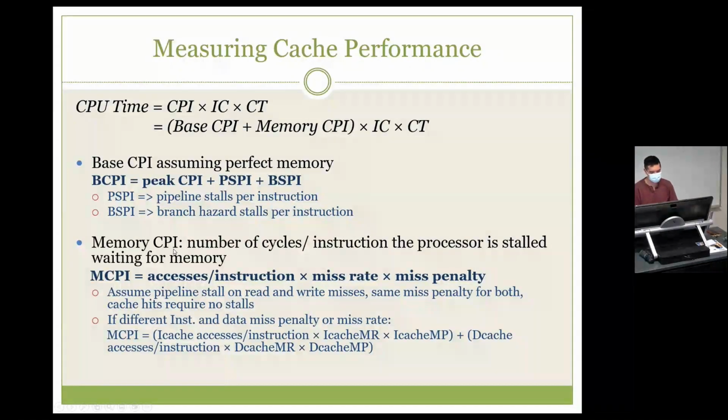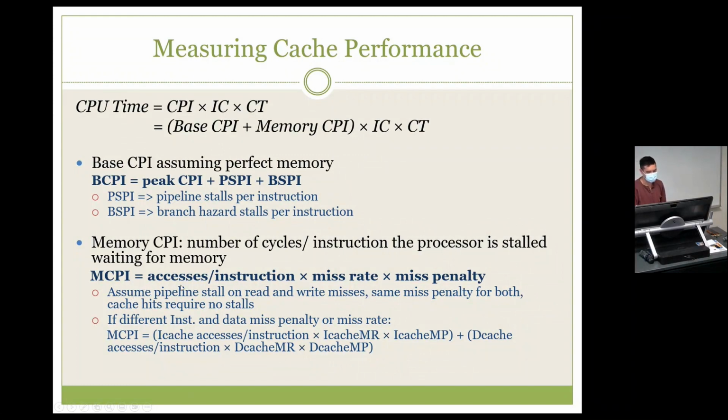So here's how we're going to calculate our MCPI, or our memory impact on CPI. Basically, our memory CPI is the number of cycles per instruction the processor is stalled waiting for memory. So it's essentially the same thing that we calculated before with clock cycles, but now it's per instruction.